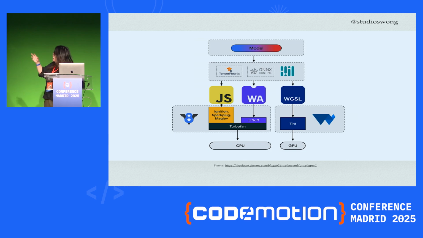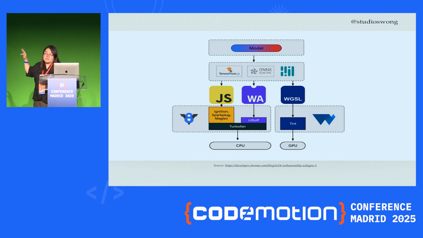These runtimes make use of web APIs, so that's where they start to use WASM or WebGPU to execute in the browser. All these runtimes will eventually bottom out into running on the CPU via JavaScript or WASM, or on the GPU via WebGPU.